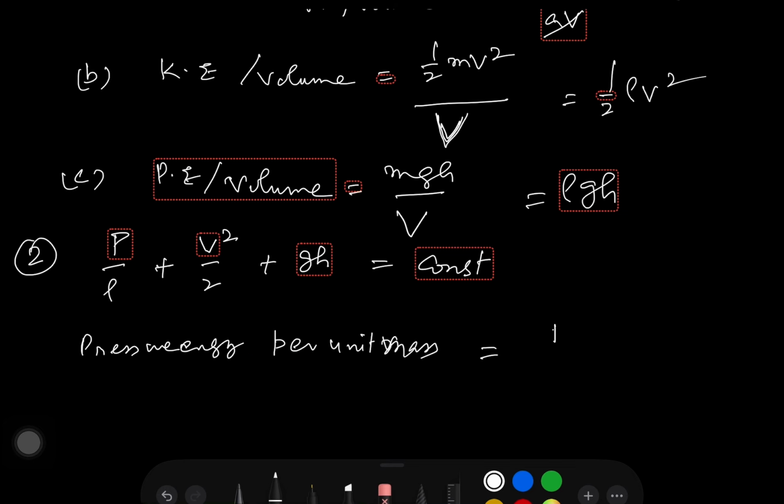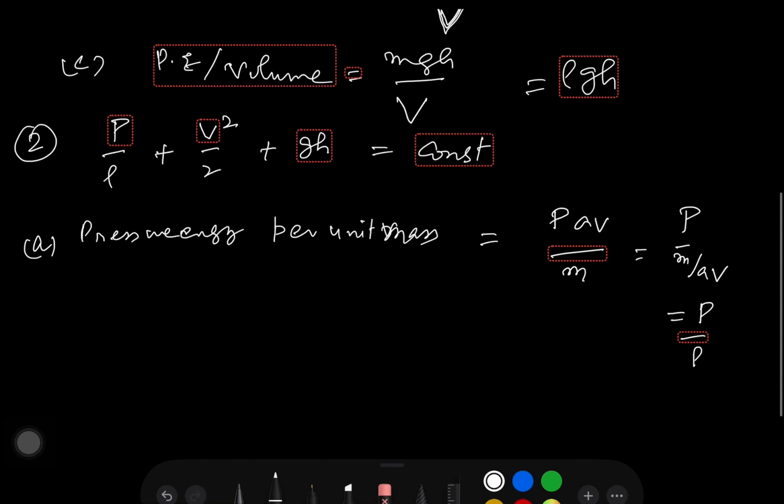Let us see how it comes. You know, pressure energy is P delta V, and when you divide it by mass, mass upon volume, this can be written as P upon m upon delta V. Technically, mass upon volume is density, so it is P upon rho.